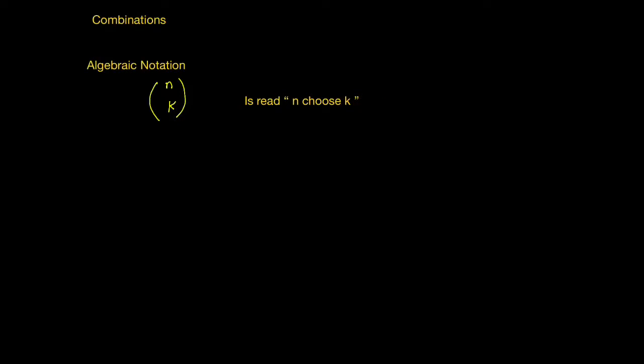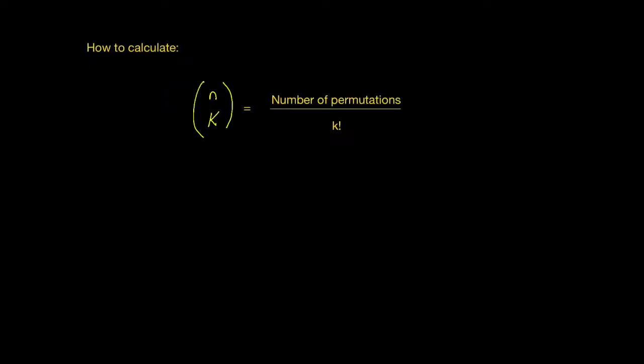And now to compute this, here is what we do. In order to calculate n choose k, we're going to calculate the number of permutations, and then we're going to divide by k factorial. So let me just show you a quick demonstration of why this is true. And again, this is just a demonstration.